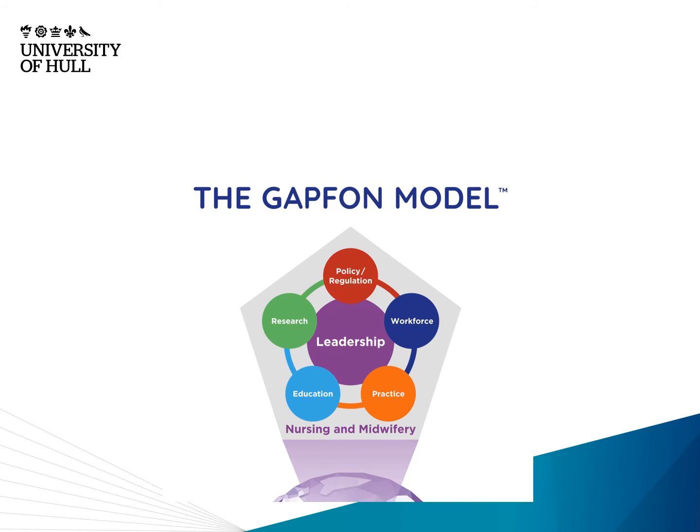So we drew up, based on the collected priorities from the different regions, what we call the GAPFON model, and that's it there essentially. We tried to use all these priorities, and we did try to have an overarching framework for the different parts of the world, simply because there were so many similarities.